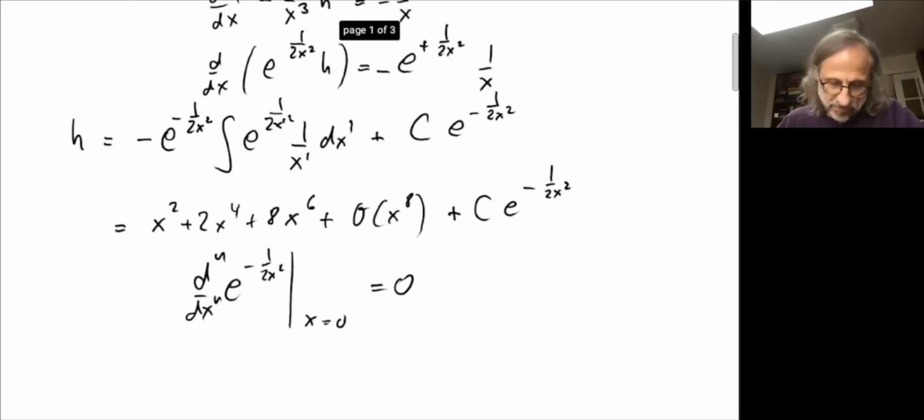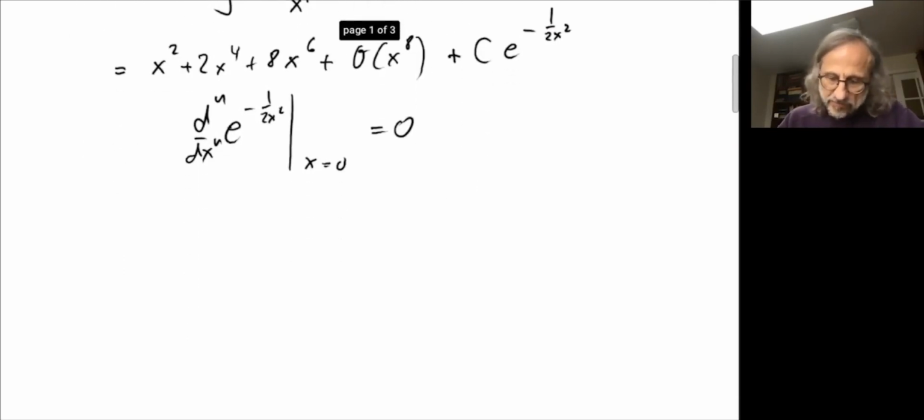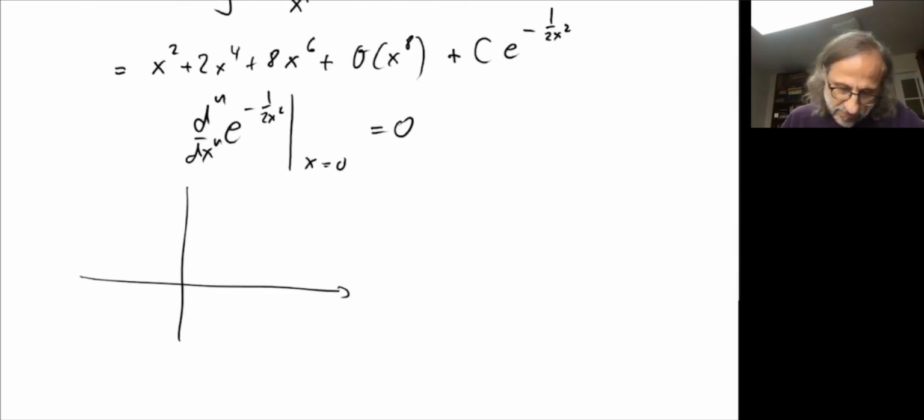So let me just sketch this. I don't have the function handy here, but what it means is that if these are our axes, x and y, this expansion here looks sort of like this.